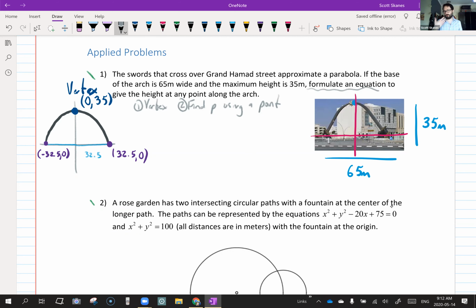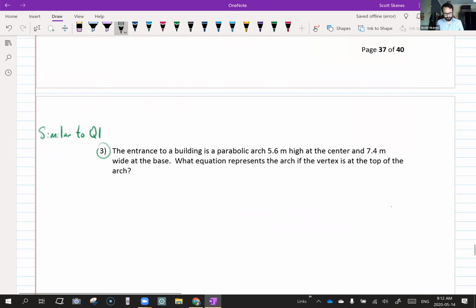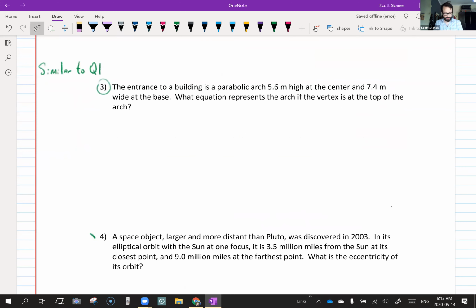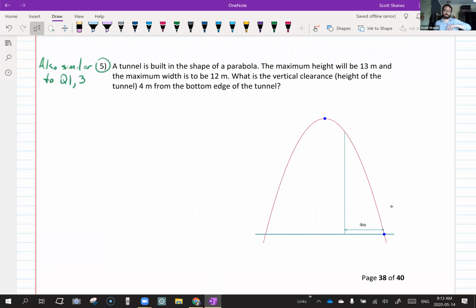But let me give you another example. I'm just going to scroll forward a little bit so you can see an example. For example, in question 3, I'm not going to do it, but the entrance to a building is a parabolic arch. Well, if it's the entrance to a building, of course it's going to be one downward, okay? So we got the full picture there. If I look at the next one, a tunnel is built in the shape of a parabola. A tunnel is, of course, going to curve like this.